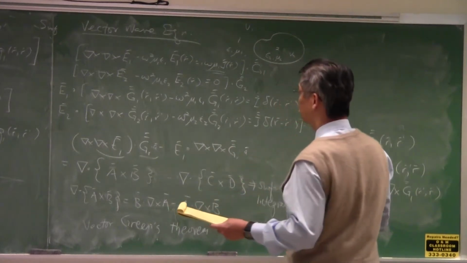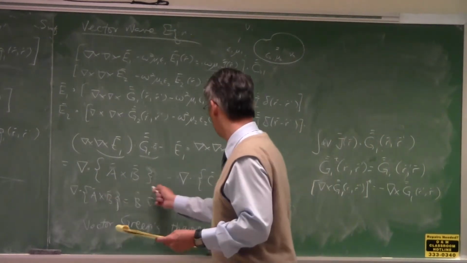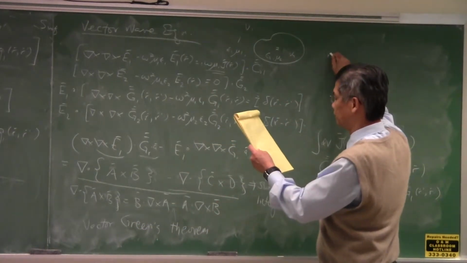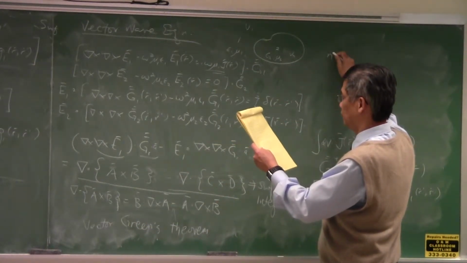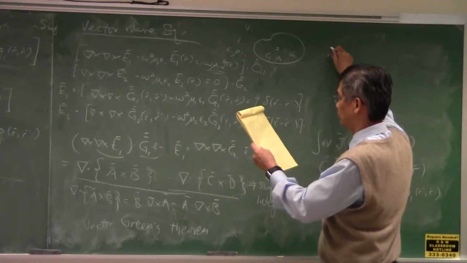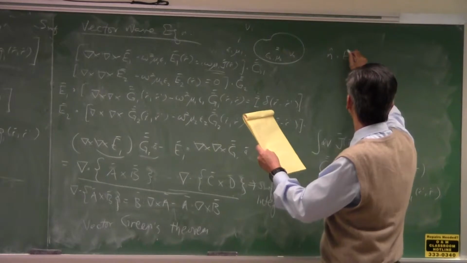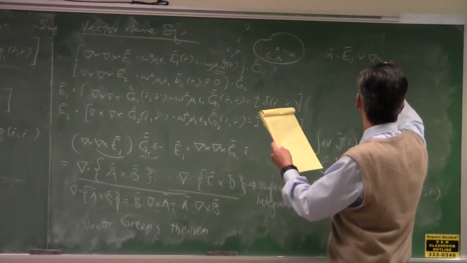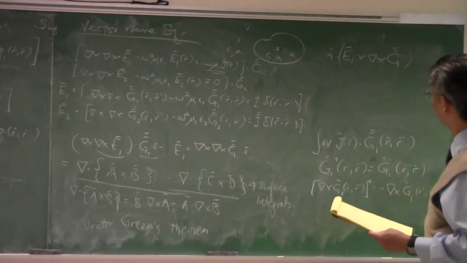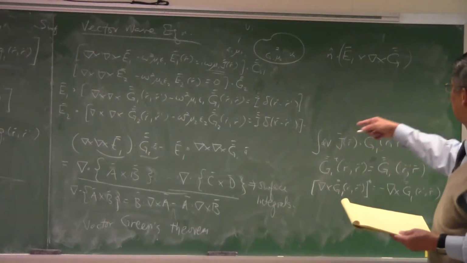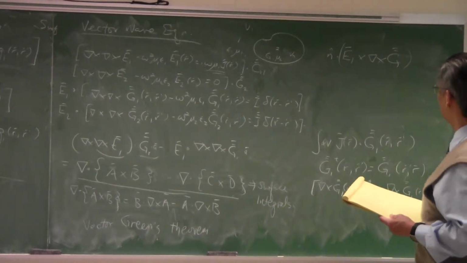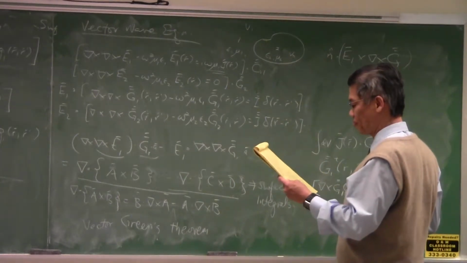Once you apply this divergence theorem, you have terms that look like that, because of the converting of the volume integral into a surface integral.